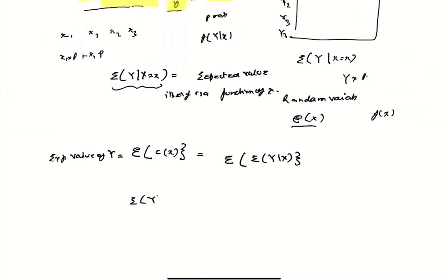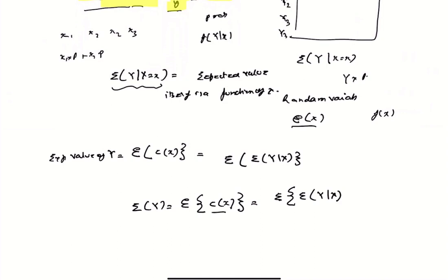Now this is a very critical formula which is used quite often: the expected value of y is the expected value of e of x, that is, the expected value of e of y given x.